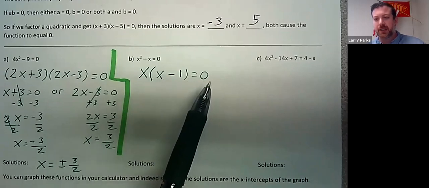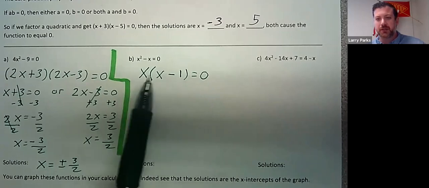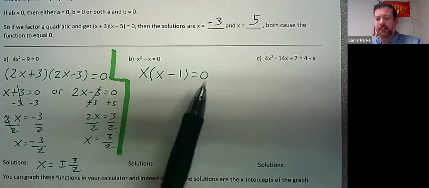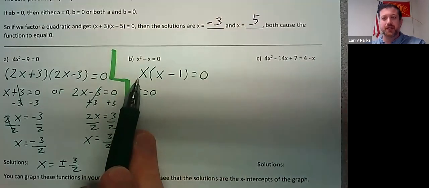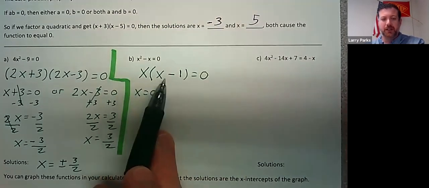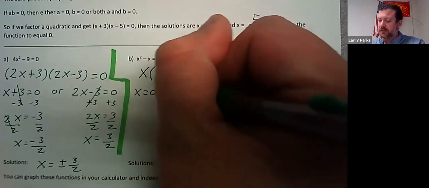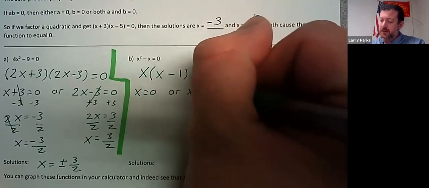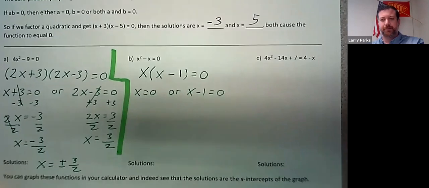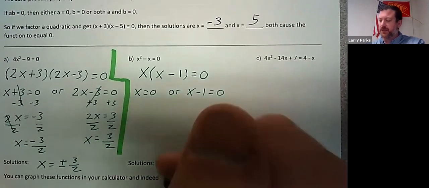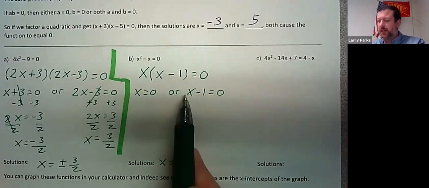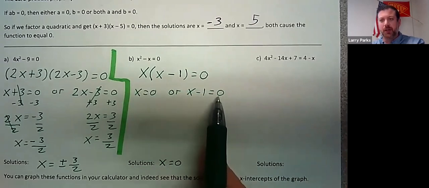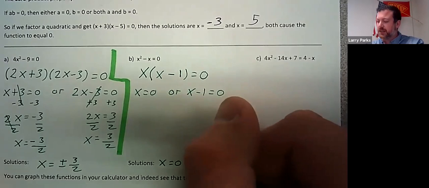By the zero product property, in order to multiply 2 quantities and get 0, that means either x is 0, which is my first multiplication, or x minus 1 is 0. Now x equals 0 is already solved, so I'll put that here. And then what number minus 1 is 0? That'd be 1. So the other answer is 1.